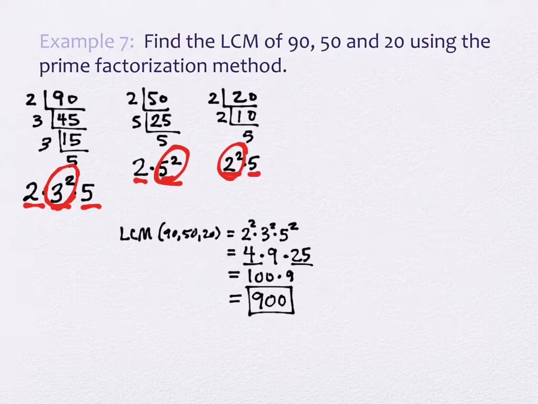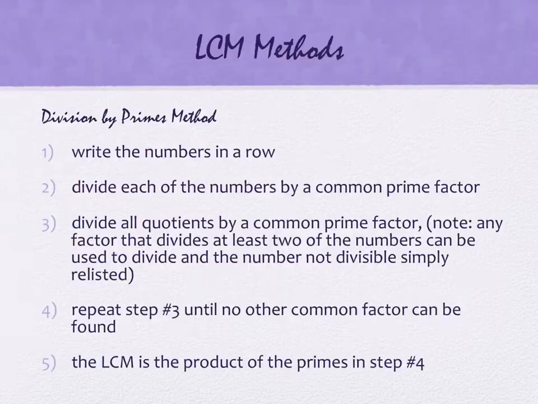So this is the prime factorization method. Division by primes. I told you last time this is my favorite one for GCDs. It's my favorite one for LCMs as well. Division by primes. So you're going to write all the numbers in a row. Divide each of the numbers by a common prime factor.